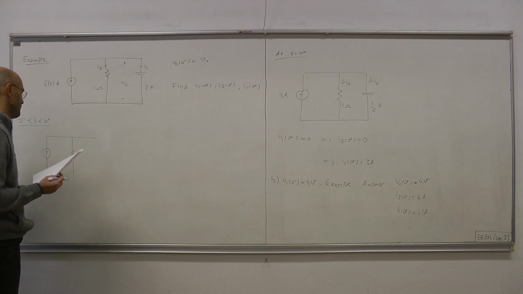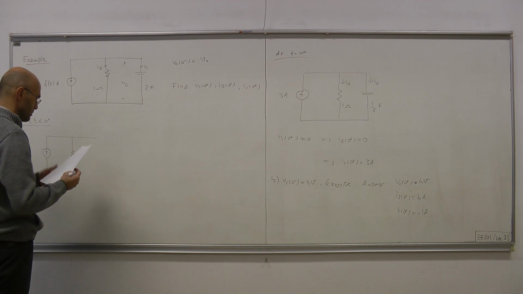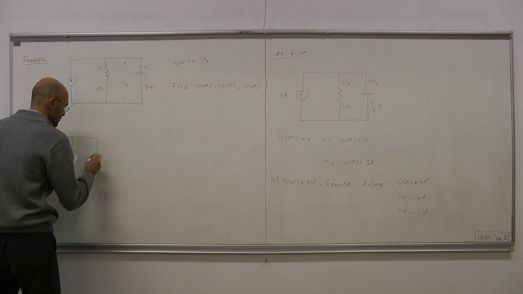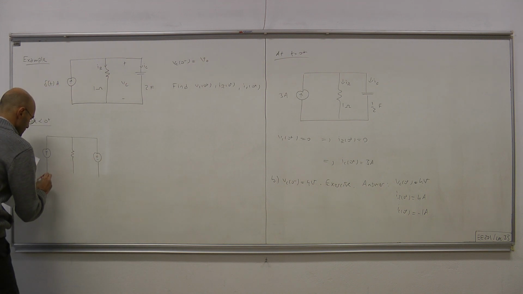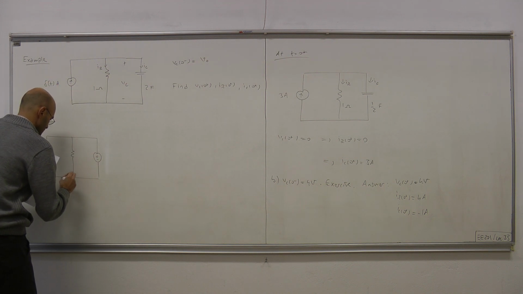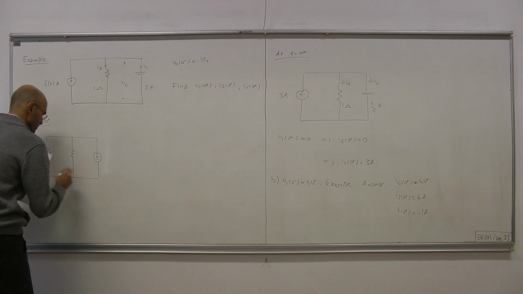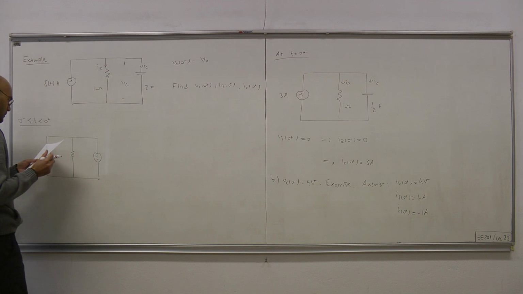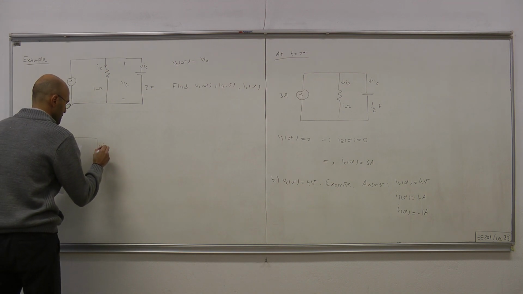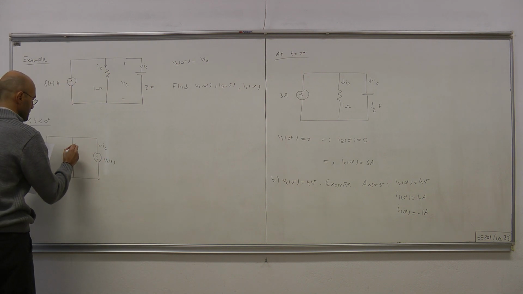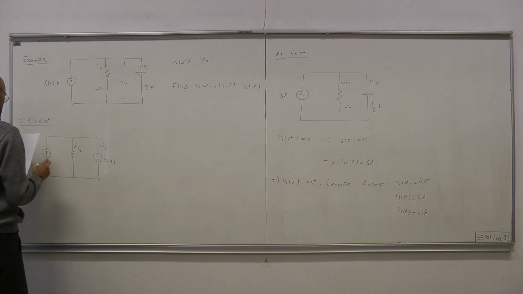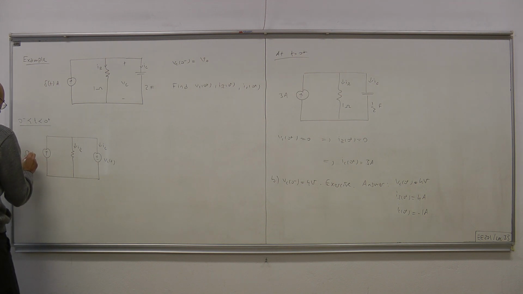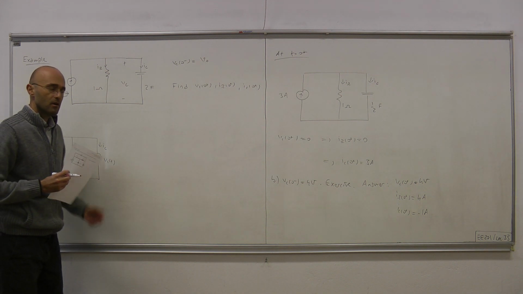Therefore, that voltage source will provide only bounded voltage. This is IC, this is VCT, this is IR, and here we have the impulsive current.